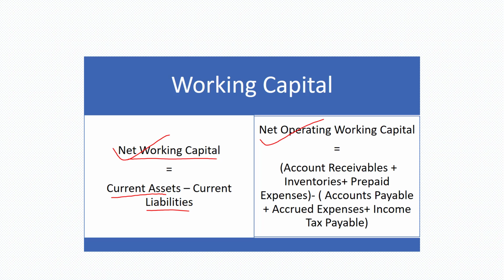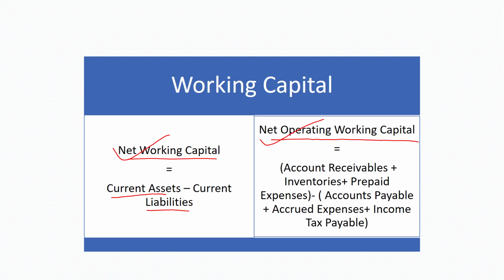And another important concept is net operating working capital, which is computed as accounts receivable plus inventories plus prepaid expenses, minus the sum of accounts payable, accrued expenses, and income tax payable.